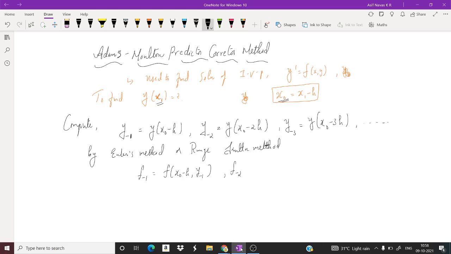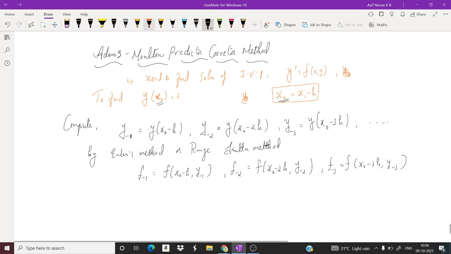F minus 2 is f of x naught minus 2h, y minus 2, and f minus 3 is f of x naught minus 3h, y minus 3.